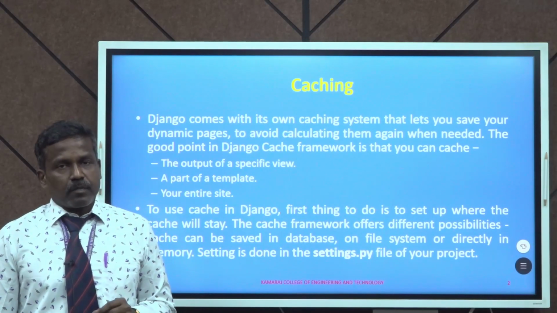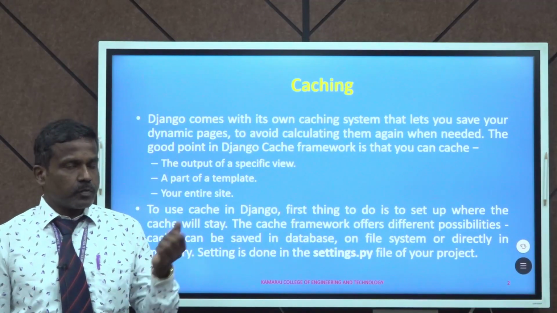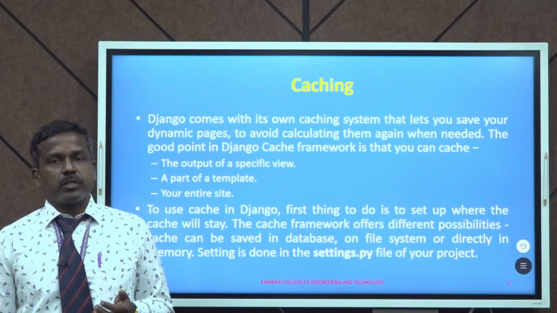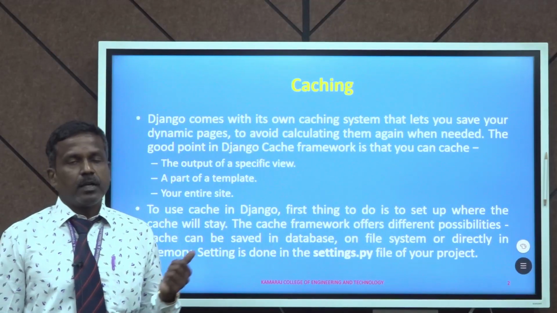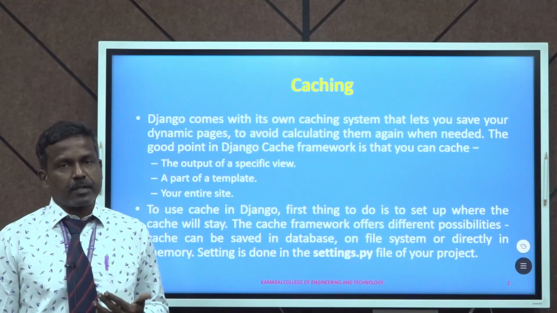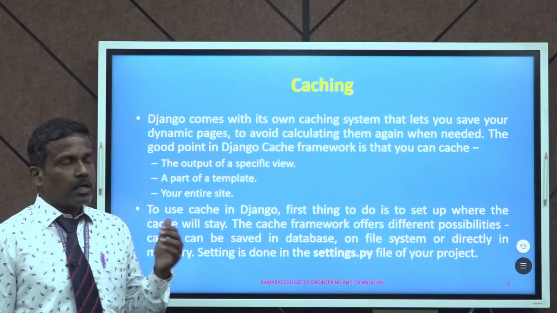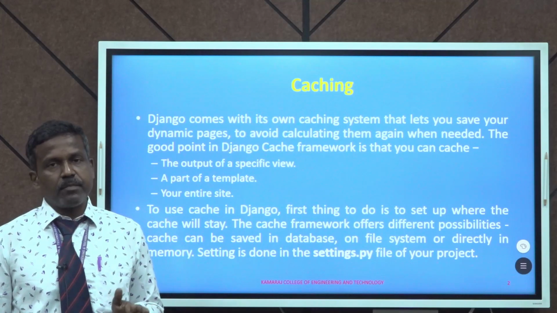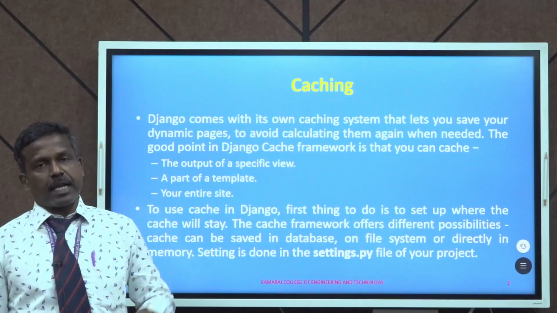To get the content from the cache, we first have to set up where we are going to store the cache information. The cache is maintained by the Django server itself. When a particular site is opened for the first time, the data is fetched from the actual server and stored in a local cache. Whenever the same URL is entered the next time, it will first search in the cache.